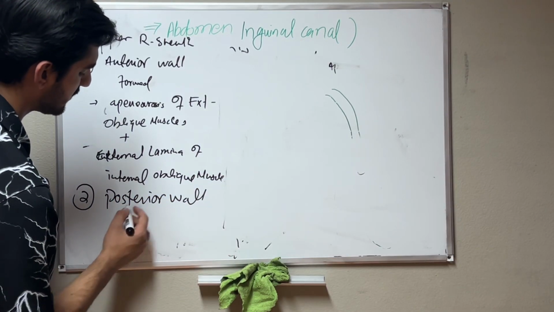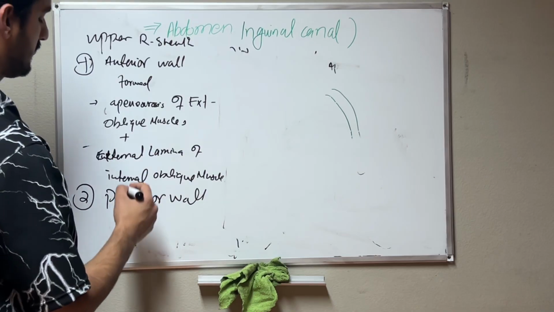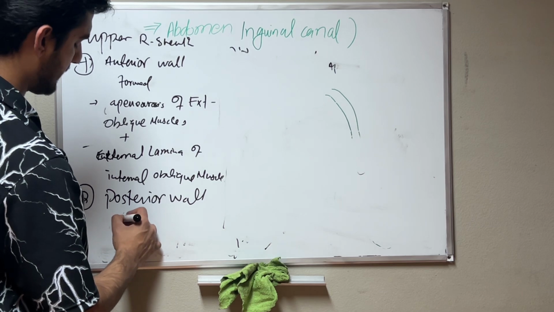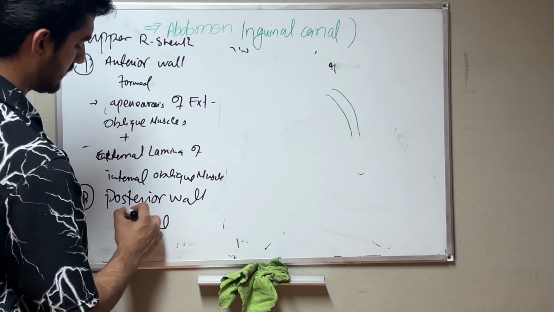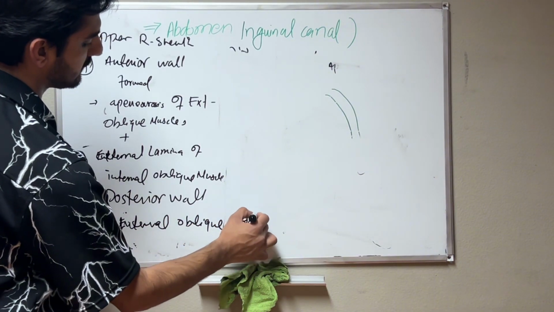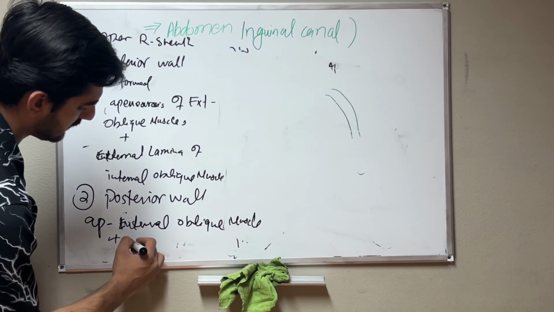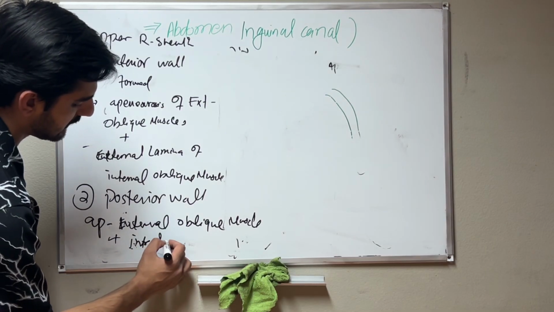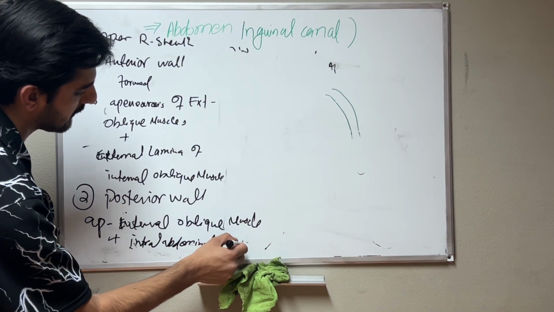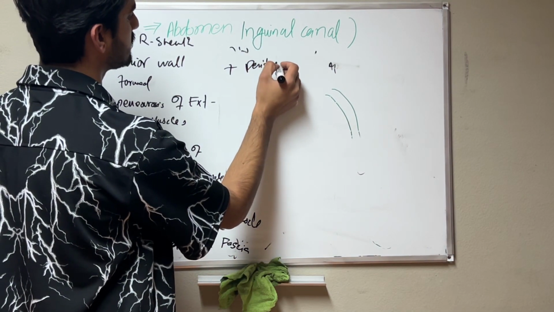The posterior wall has the aponeurosis of the internal oblique muscle plus the intra-abdominal fascia plus the peritoneum.